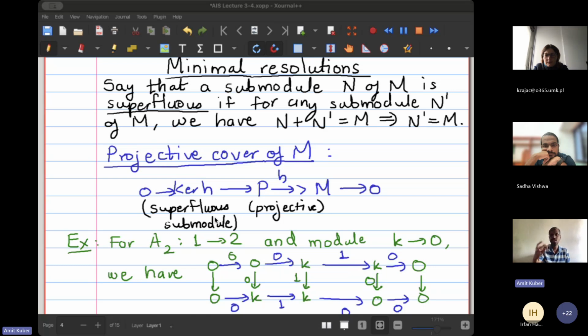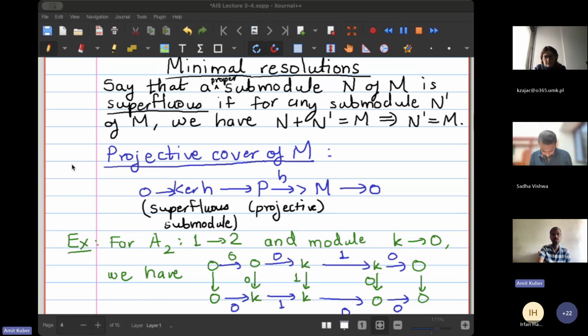Nothing apart from the full module can complete this proper submodule. Maybe I forgot to mention that it is a proper submodule, so I should write that. So we say that a proper submodule is superfluous if the only thing that can complete it is the full module itself. I will show you examples.